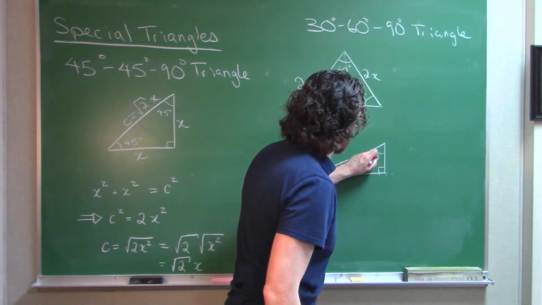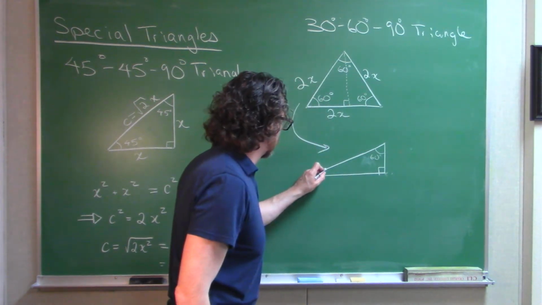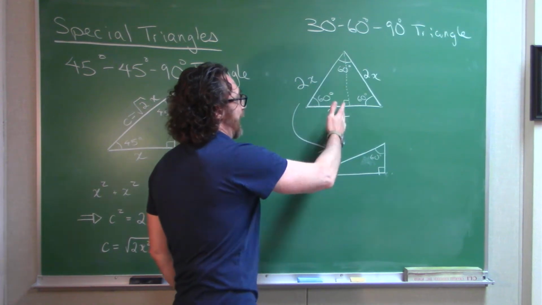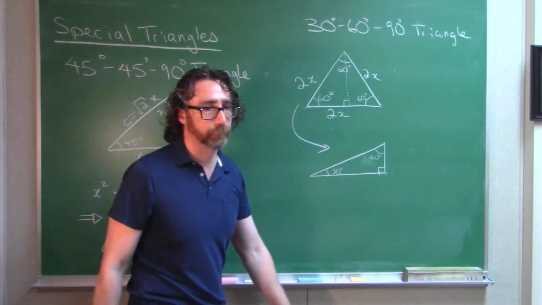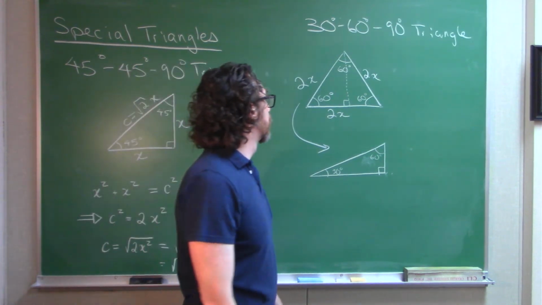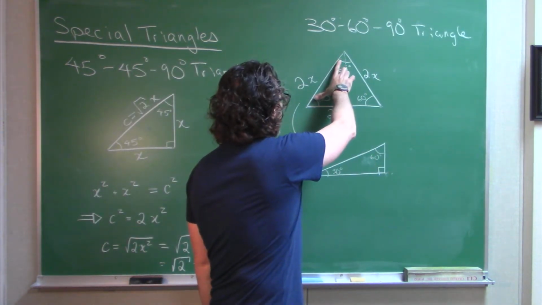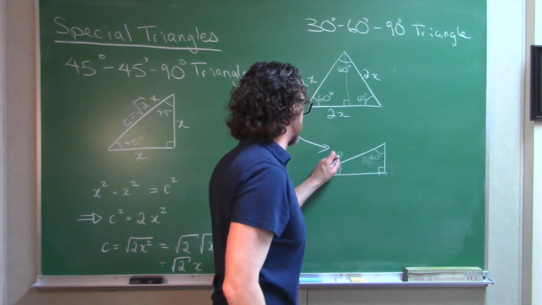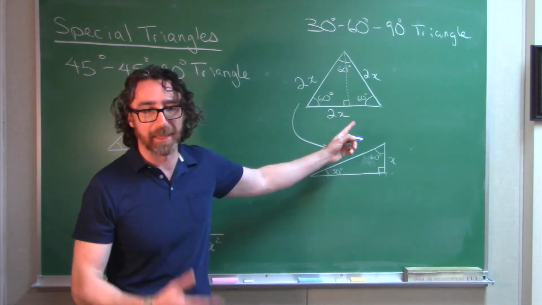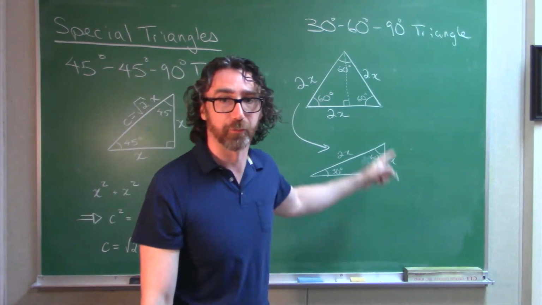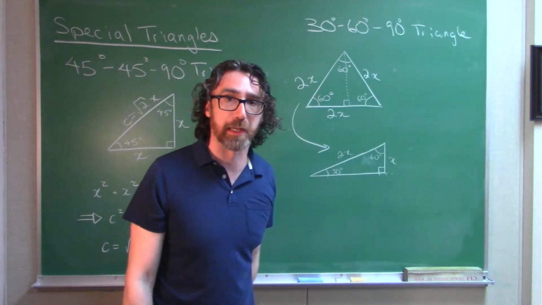So that's my 60-degree angle. I cut this thing in half, so I cut that angle in half, so that must be a 30-degree angle. Now, this side became the hypotenuse of my right triangle. That's 2x. I cut the bottom side in half, so that's now x. That's the reason it's easier to have it double all the way around.